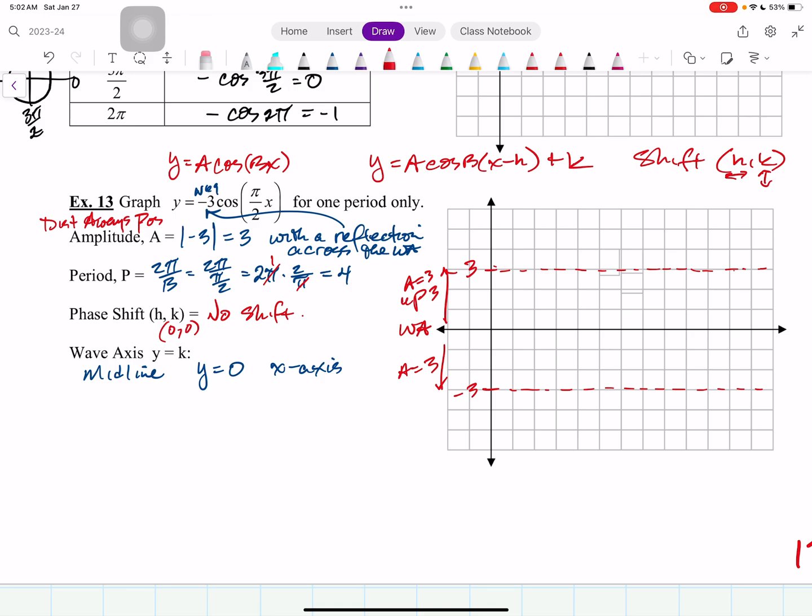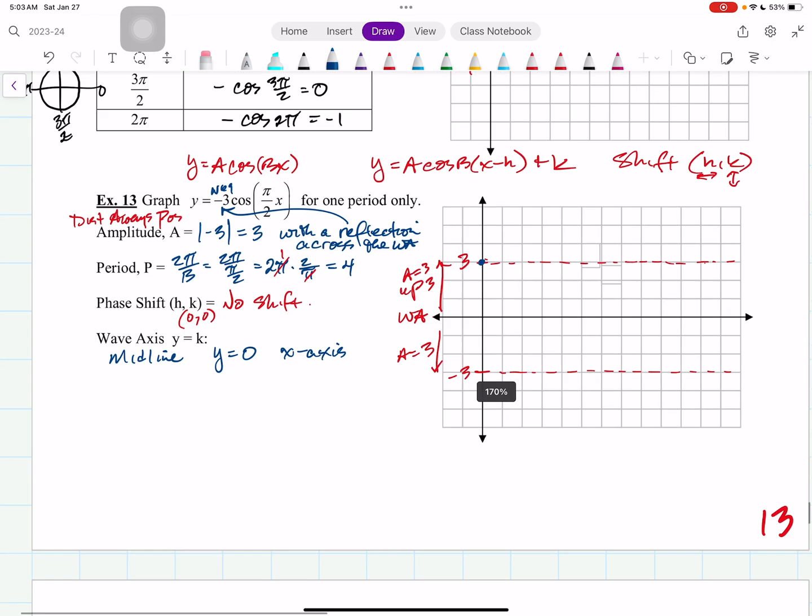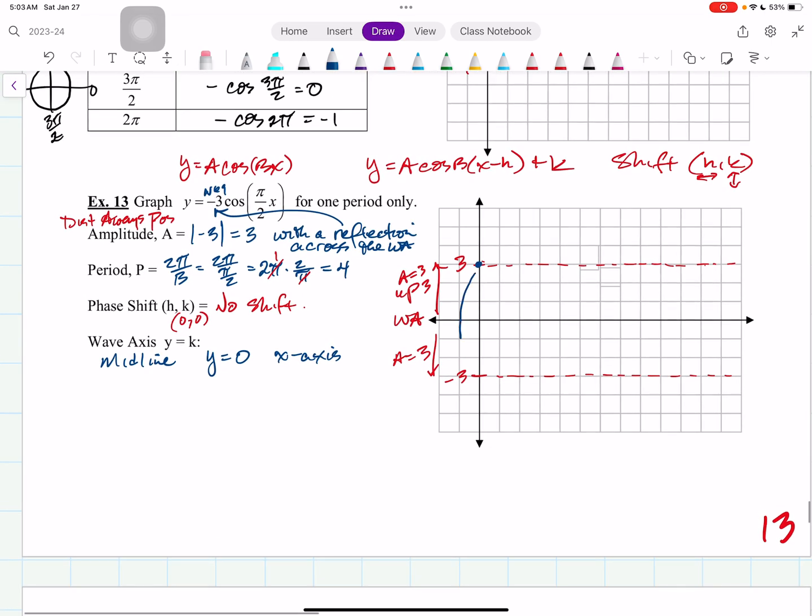Method number 1 is this. This is a cosine function, so it typically starts on the y-axis at 3 with the amplitude of 3. Typically it would start at 0, 3 if it had an amplitude of positive 3. However, there is a reflection because of the negative right here. So we plot that and then reflect it.